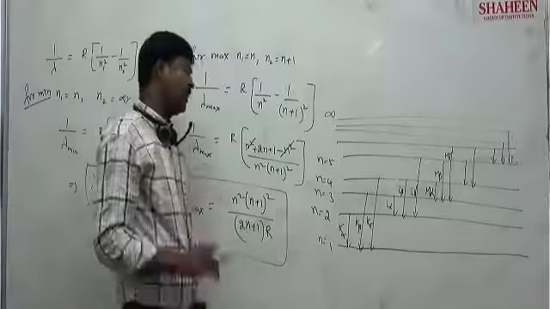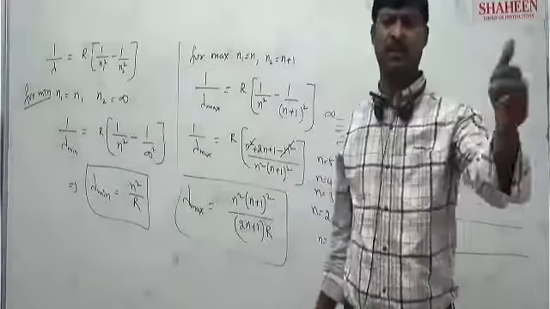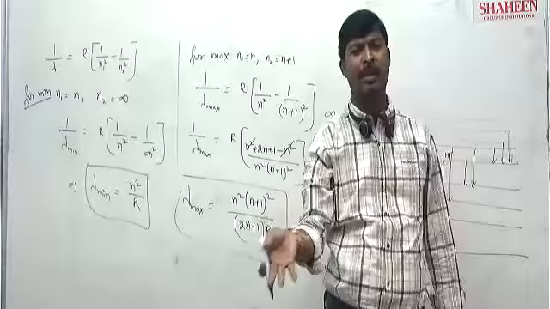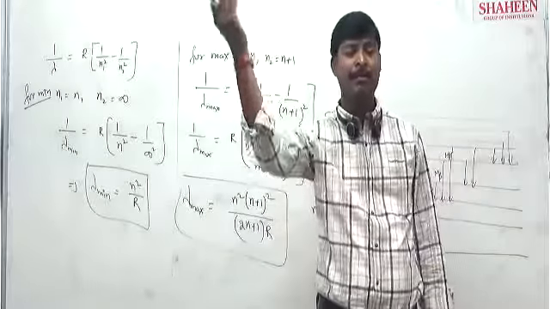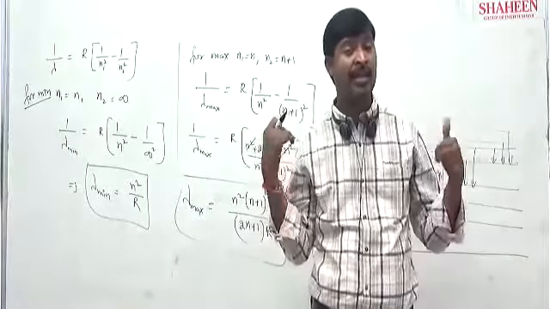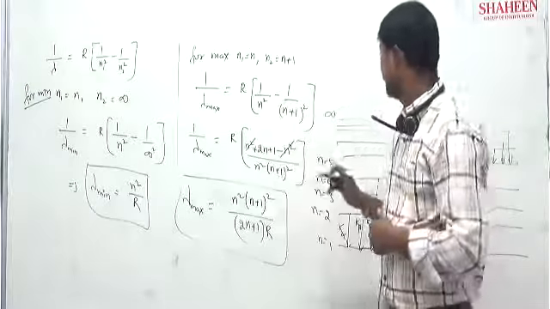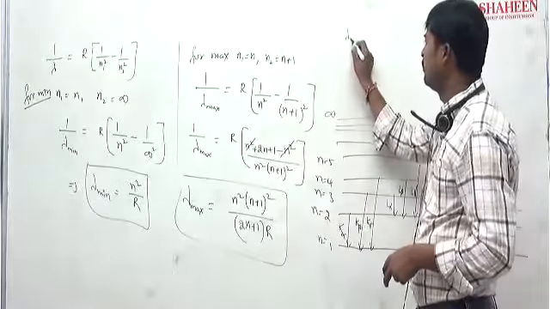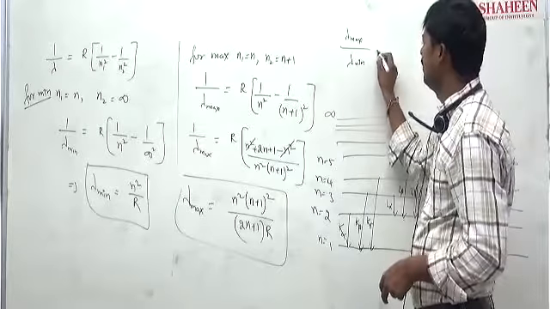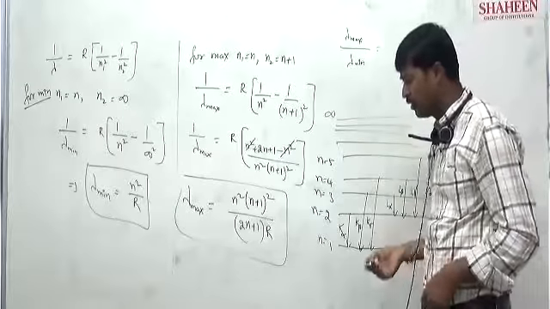Now if they ask for the ratio of lambda maximum to lambda minimum, or lambda minimum to lambda maximum, for any series, we can do it according to the question.